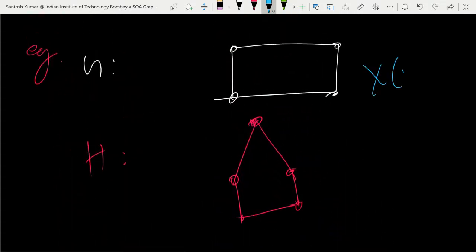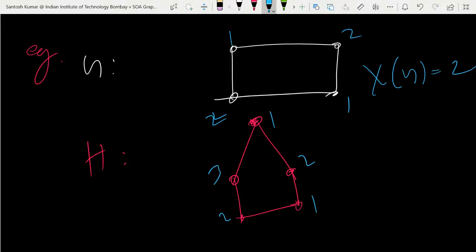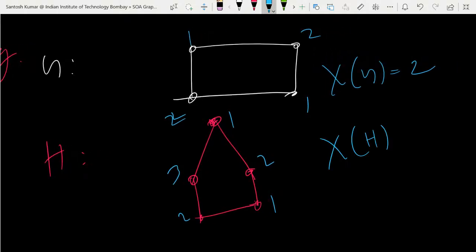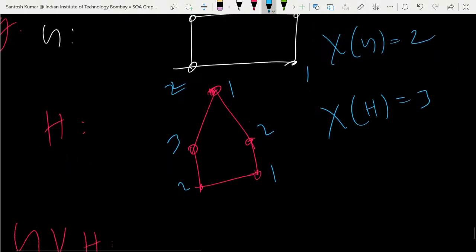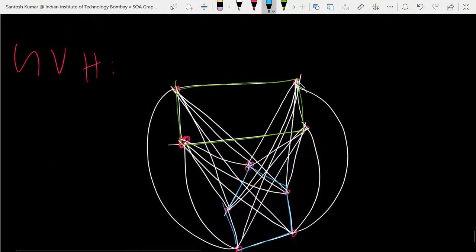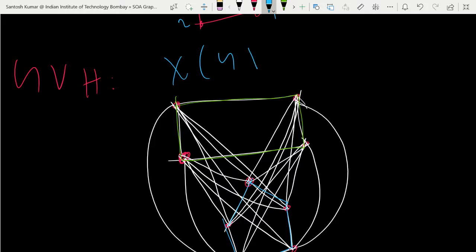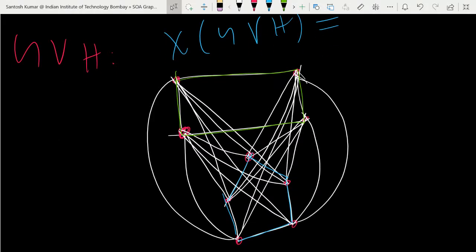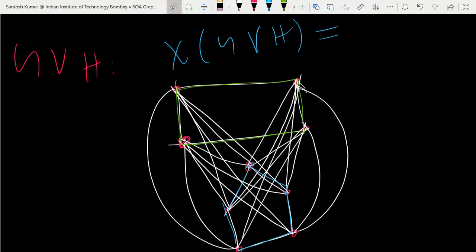The chromatic number of G is how many? 2, 1, 2, 1, 2, and 1, 2, 1, 2. You have to take 3 here. So the chromatic number of H is 3. Or you directly know also, right? So what will be the chromatic number of this G join H? If you have noticed the pattern, 5.